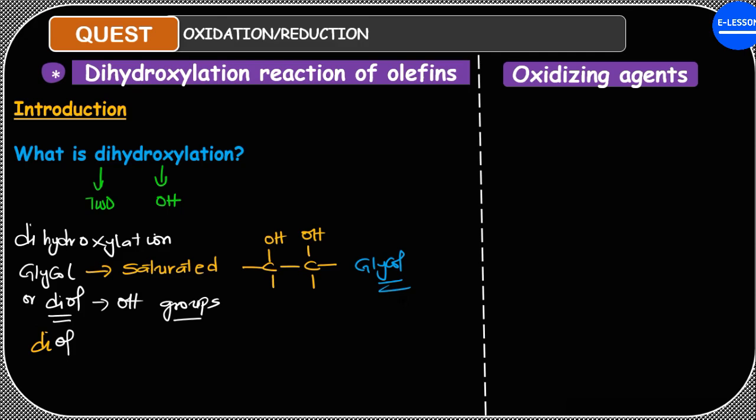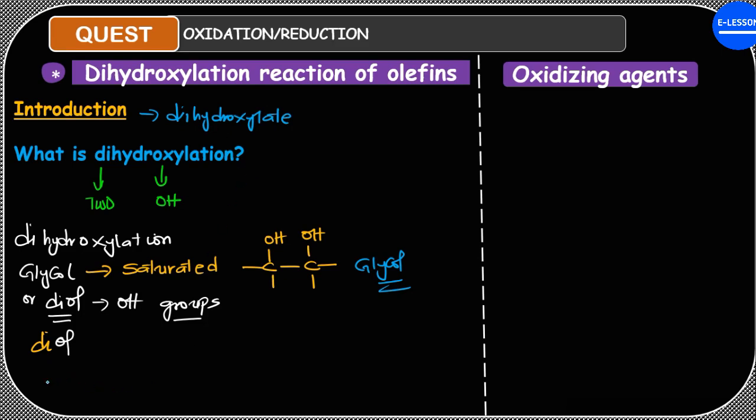Now to dihydroxylate alkene, let me use the word di, not d. D is different. D means to remove, right? To dihydroxylate alkene means to add 2 OH groups to the double bond of alkene.